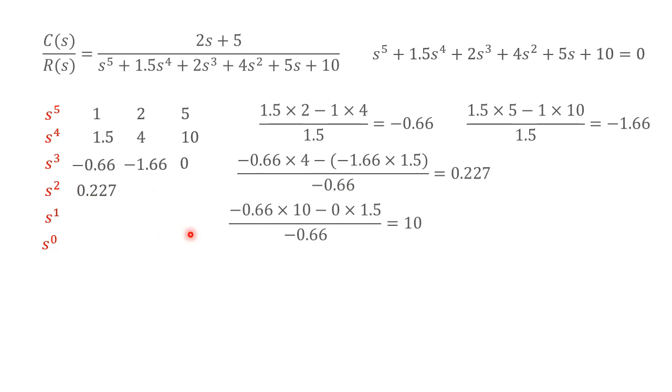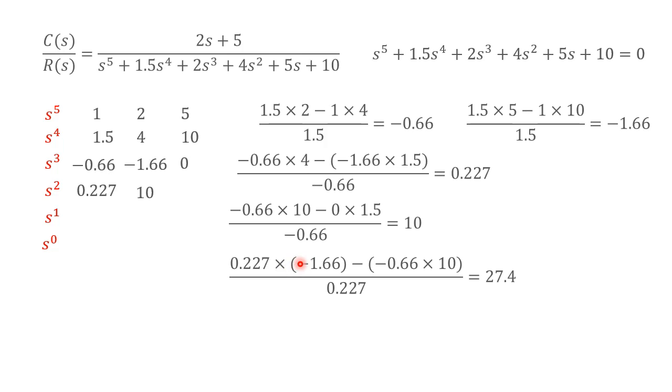And for here, we have to cover up this one and multiply: 0.66 into minus 10 minus 0 into 1.5. We will have 10 over here. And for this term, we have to consider these four and multiply these two minus these two upon this. So we will get 27.4.